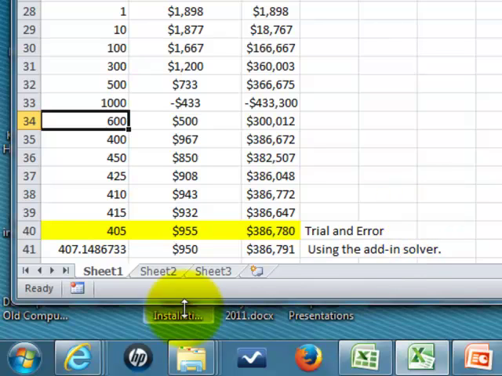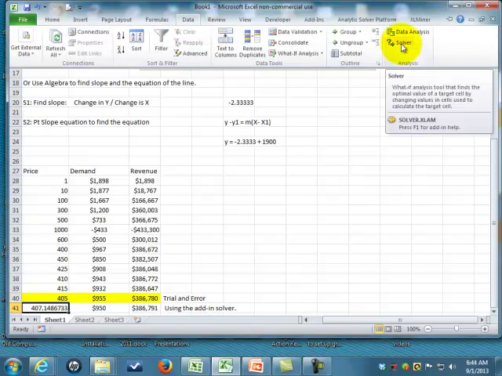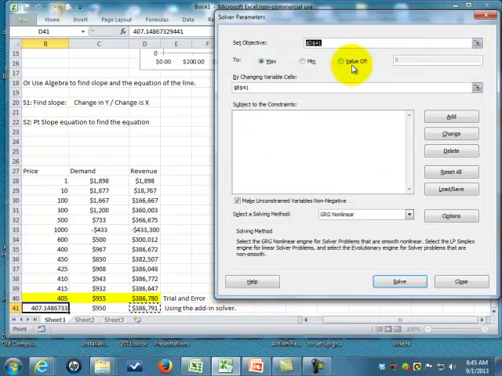You can also use Solver, which is what I did here. So let me show you that. If I went to data and I've added in Solver. If you haven't added in Solver, there's a video on Blackboard on how to do that, or explanations. So I said Solver, and I said maximize my revenue, this cell right here, by changing this cell right here, our price.